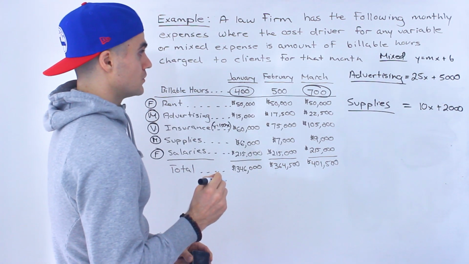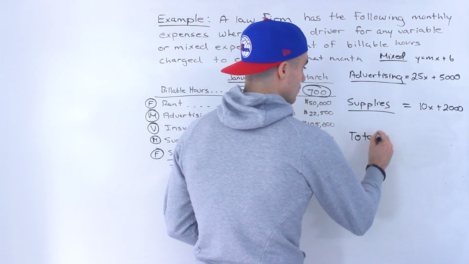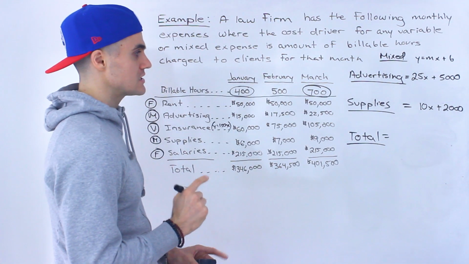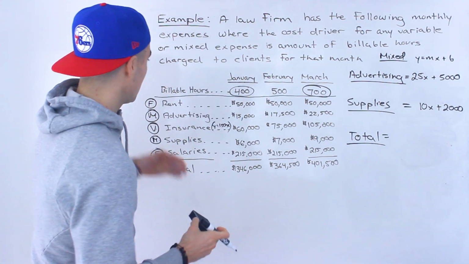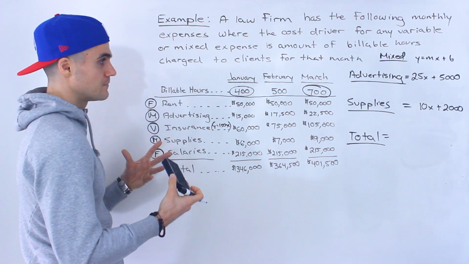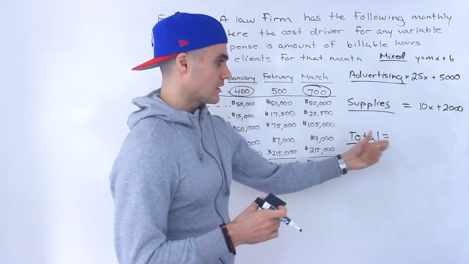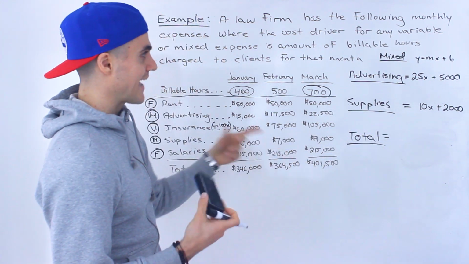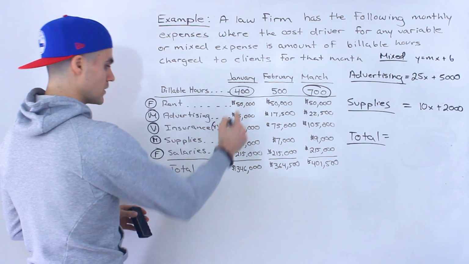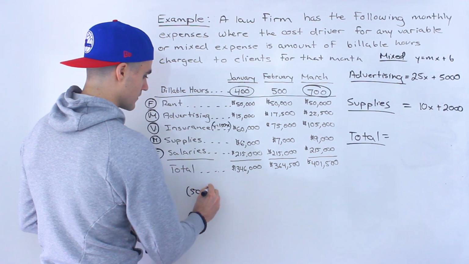Now what we got to do is find a formula for the total. So we're going to do the exact same process. Now, I mentioned this in a previous question. If you have the formula for each expense of the overhead, there's another way to get this formula. It's a nice way to check your high-low method: you can add up the formulas. So notice that we have the rent. We know that's a constant, so that's 50,000.